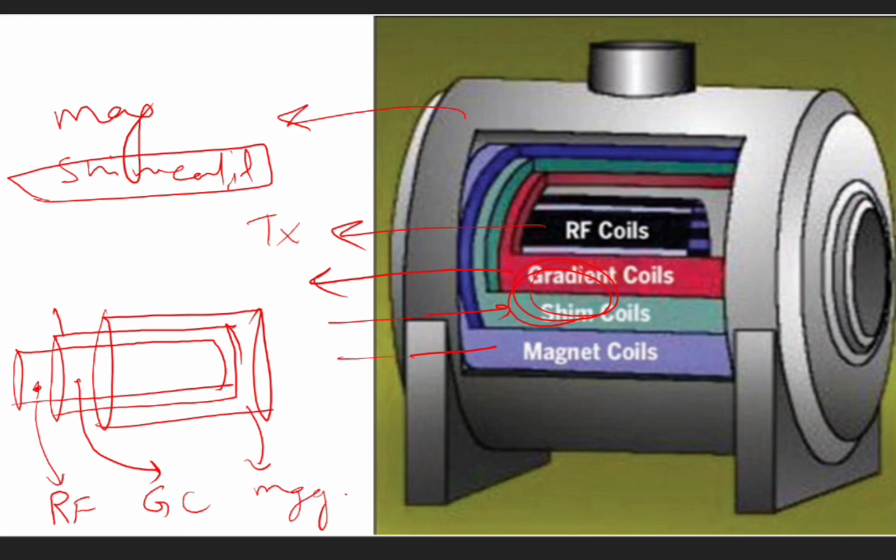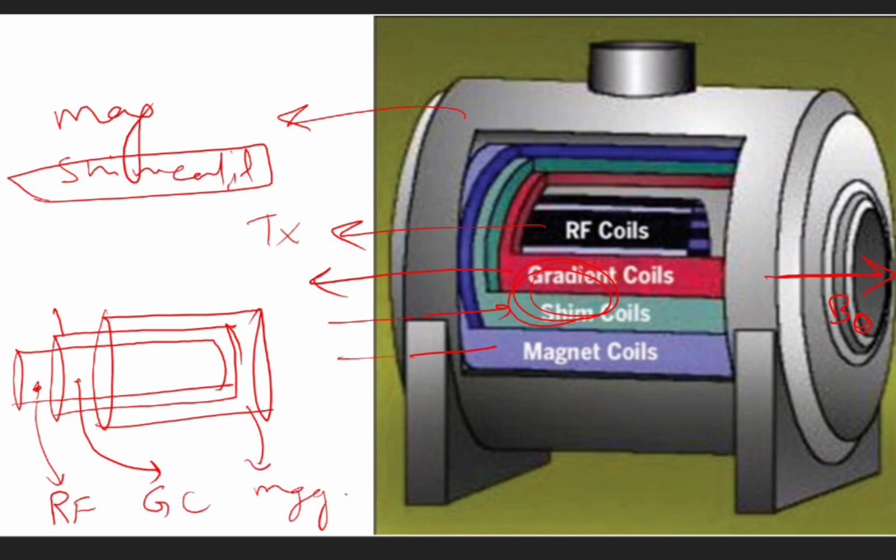So what is a shim coil? Shim coils are those coils that make the B0 field homogeneous. In this diagram, B0 is like this. To make the B0 field homogeneous, we use shimming. Shimming is of two types, active shimming and passive shimming.